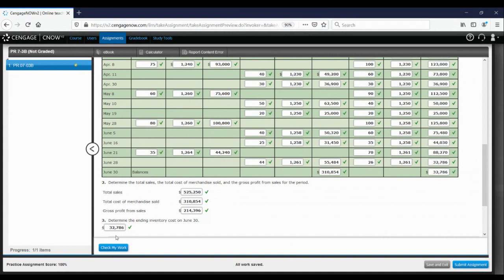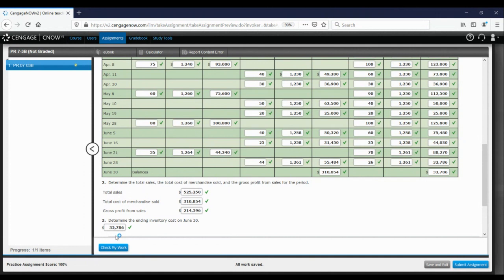So management could choose to use the FIFO method, the LIFO method, or the weighted average method to value their inventory. It will affect your financial statements differently depending on which method you choose.